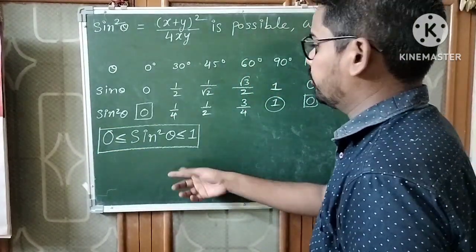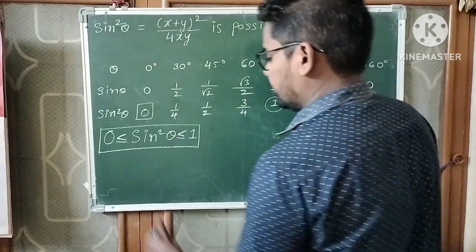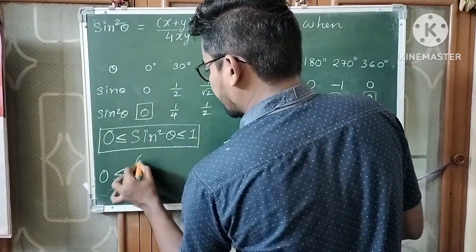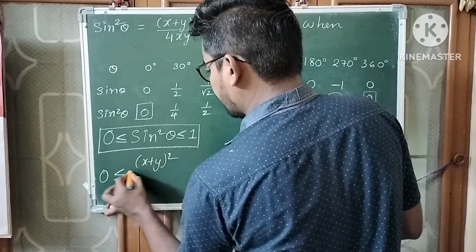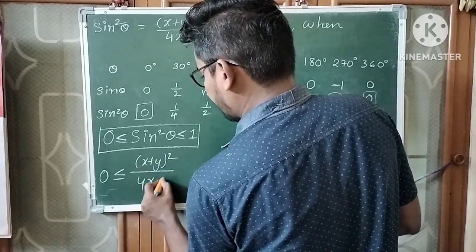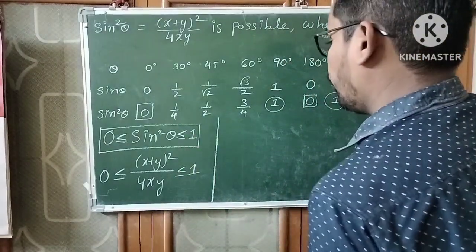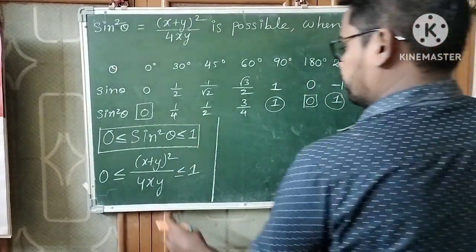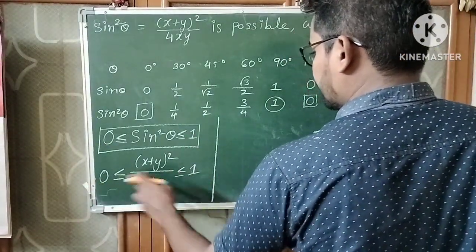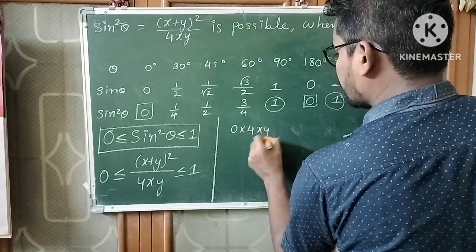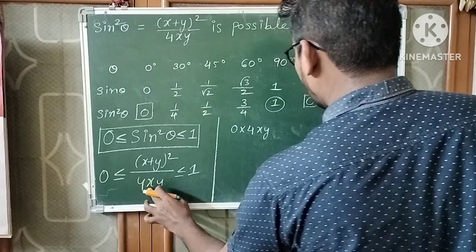Okay. Now, what is sine square theta here? 0 less than or equal to, replace sine square theta by (x plus y) whole square by 4xy, less than or equal to 1. Now, multiply this entire inequation by 4xy, because I want to eliminate this denominator.